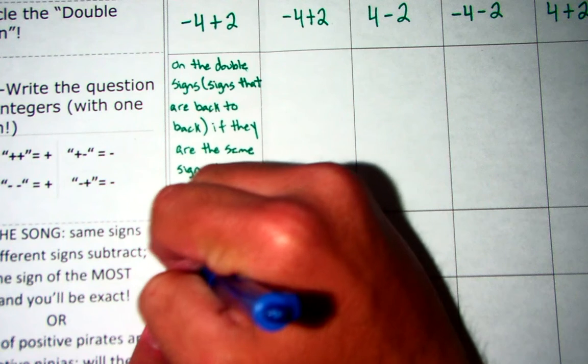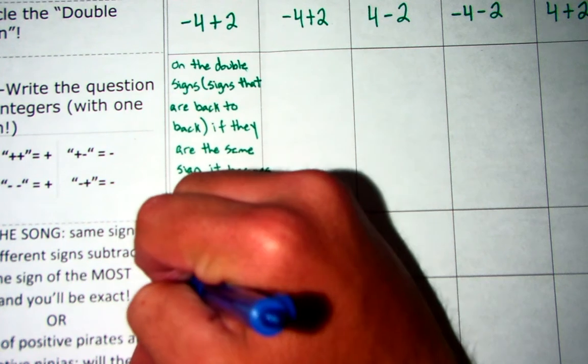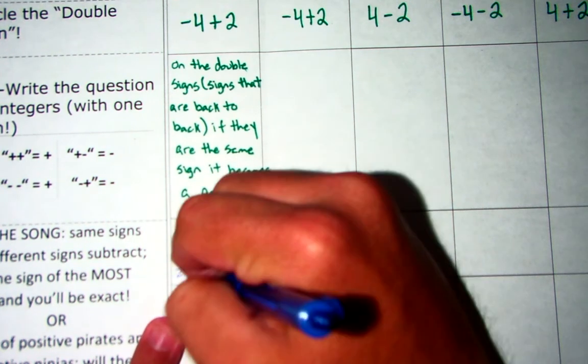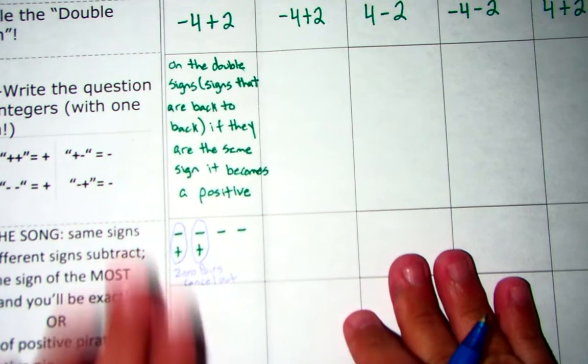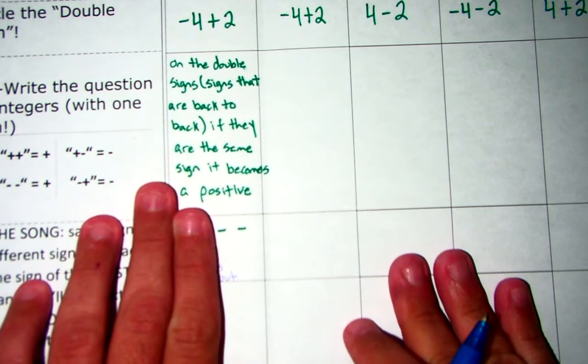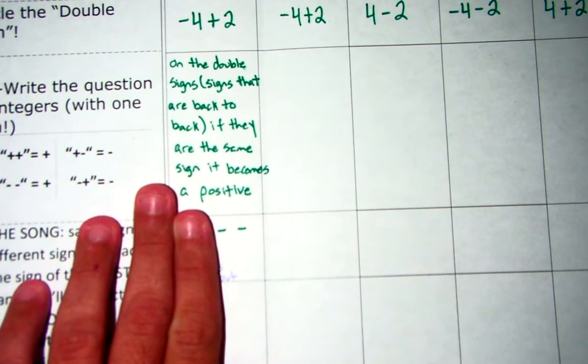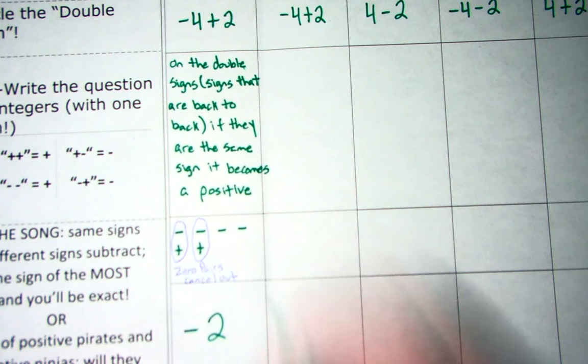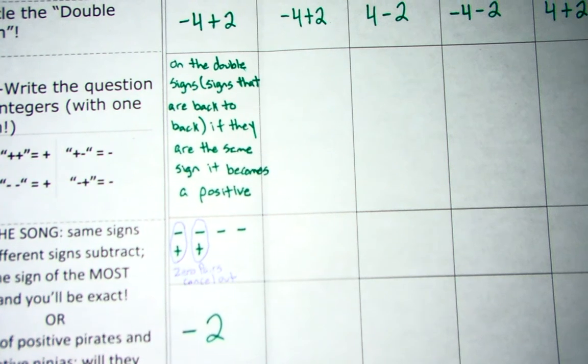They're my zero pairs. And what was I left with? I was left with a -2. There's your answer. Not too bad, right? Not too bad at all.